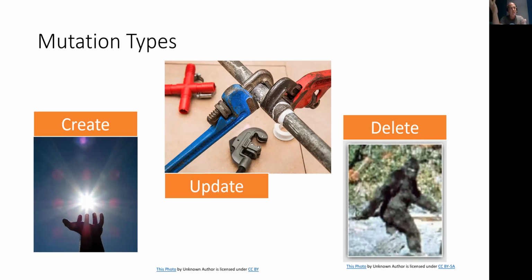So what kind of mutations happen to data as a whole, right? Well, I have the creation, namely yesterday I had no data and today, boom, I have a new record. I have a record that existed yesterday, but today is different. And I have a record that existed yesterday and today does not exist whatsoever. So how can I represent, or how can I process these types of changes to source data?